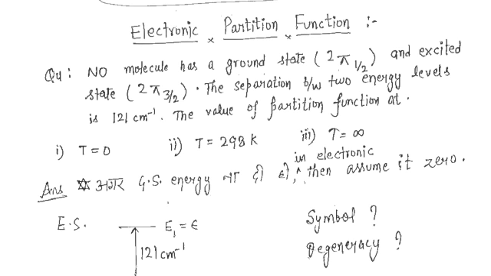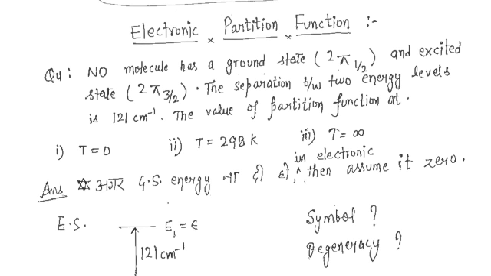Until and unless the question says that the ground state energy is not zero, you have to assume the energy of the ground state as zero. Try to write it down as a note, because it will help a lot. Otherwise you will forget in 2 or 4 days.